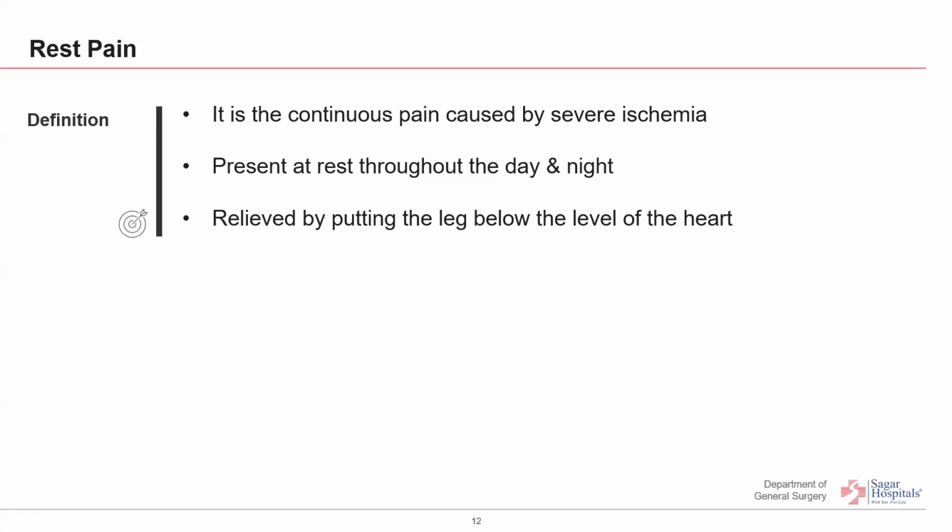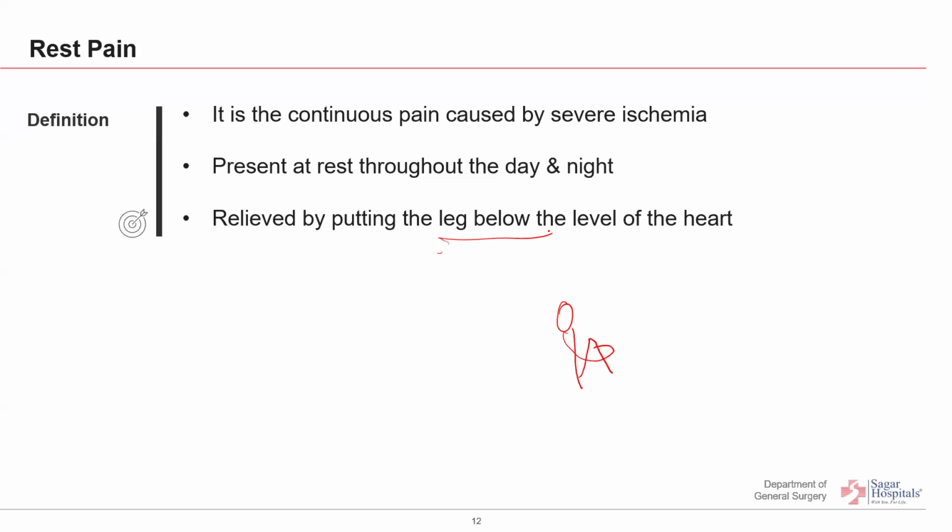And usually what happens is the patient puts the leg below the level of the heart, or typically he brings it closer: the patient will be sitting and he will flex his thigh, and he literally hugs the leg and calf, he massages. That's because when the leg is put below the level of the heart, gravity itself helps.